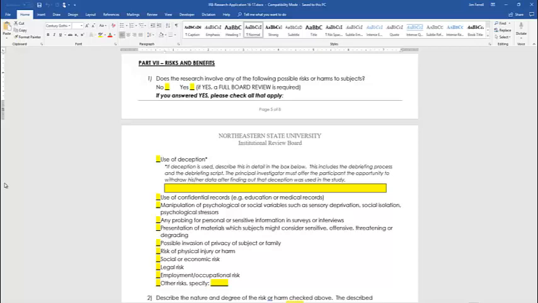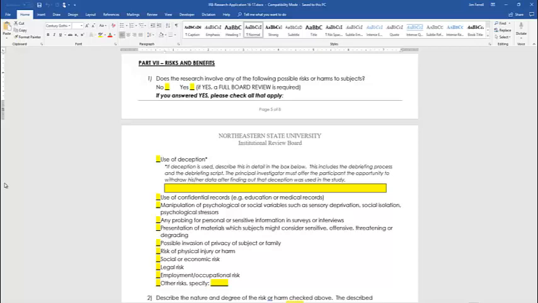And then we list them. Use of deception. Are you tricking your participants during the study? And we've had a few of those. Confidential records, manipulation of psychological or social variables. The next one there is a common one that we see in this section, any probing or personal or sensitive information.